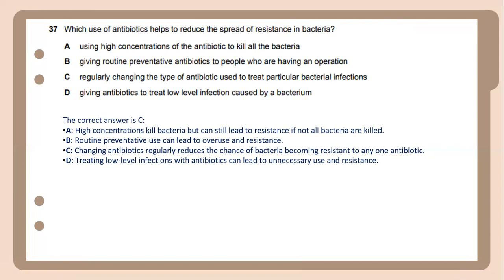Giving routine preventative antibiotics to people who are having an operation can also lead to overuse and resistance. And number 3, treating low-level infections with antibiotics can lead to unnecessary use and resistance.